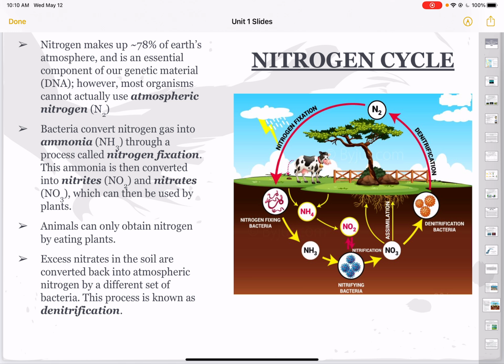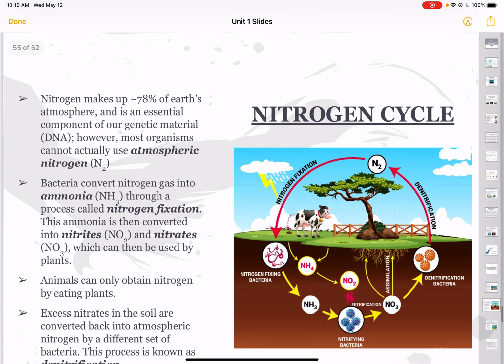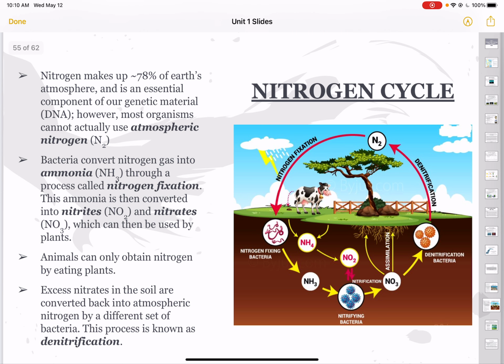In this picture you also see lightning. I don't know if it talks about that. It doesn't look like it. Lightning is actually another way that it can change nitrogen. When lightning strikes, it can change nitrogen from N2 to a form that plants can use.